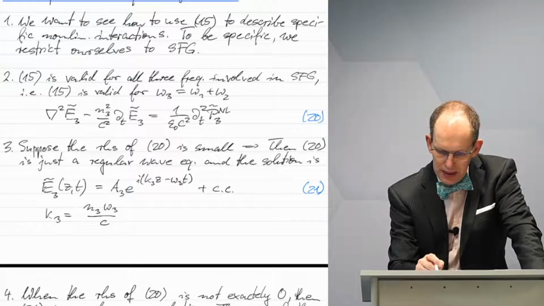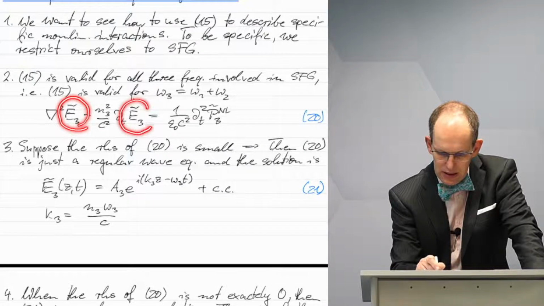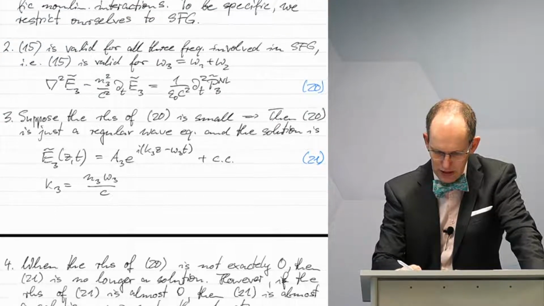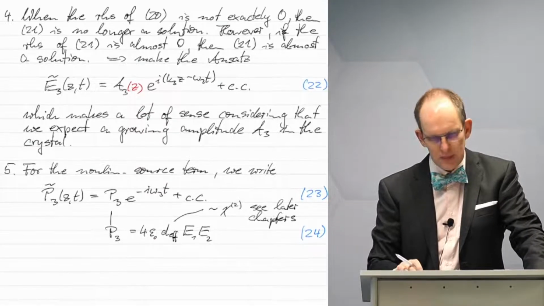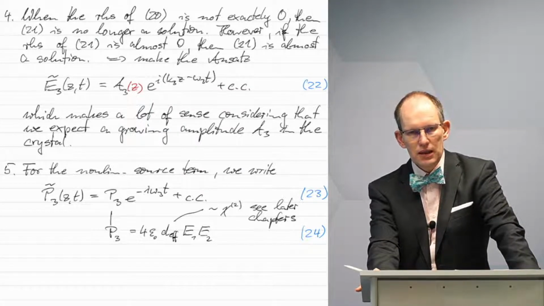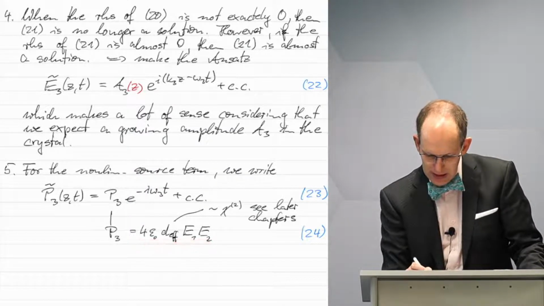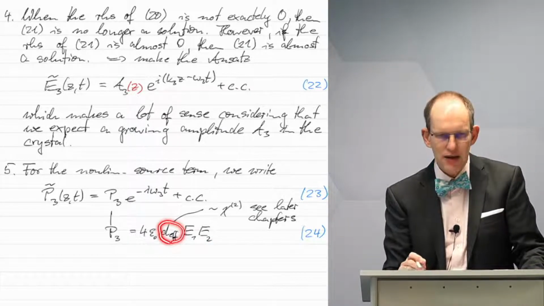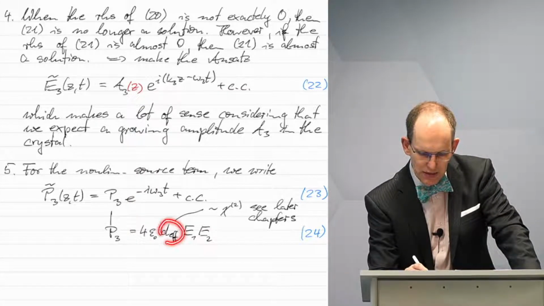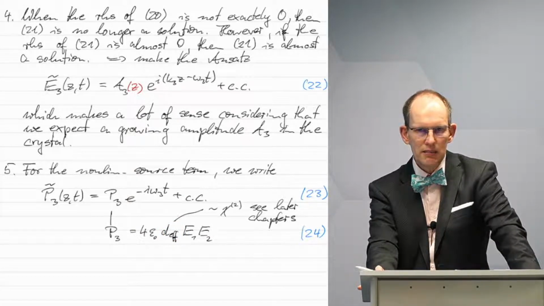Namely, we have now an ansatz for this wave, but we also need one for this term here. We know from our Taylor series expansion of the polarization that it looks like this. So formally, instead of this d effective, we wrote the susceptibility, and of course this d effective has something to do with the susceptibility.